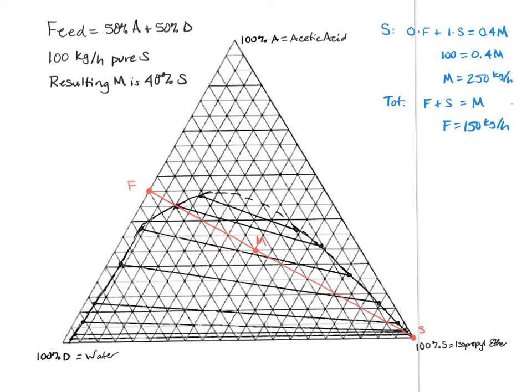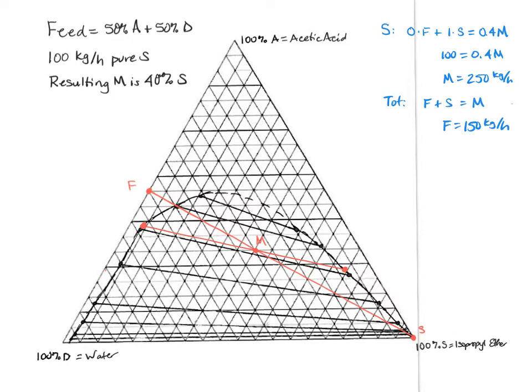I'm going to find what my composition is of the two different mixtures by approximating or visually interpolating what the tie line should be that will pass through that point. And I've drawn it in right here. So it's just barely above an existing tie line. I can mark the two endpoints.